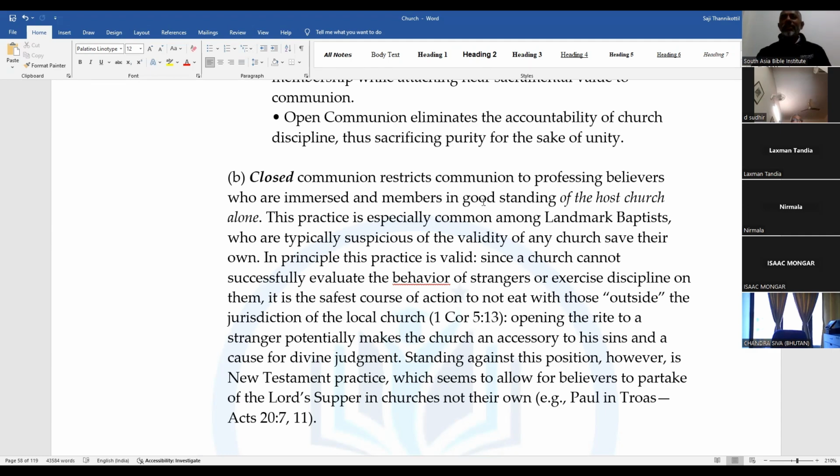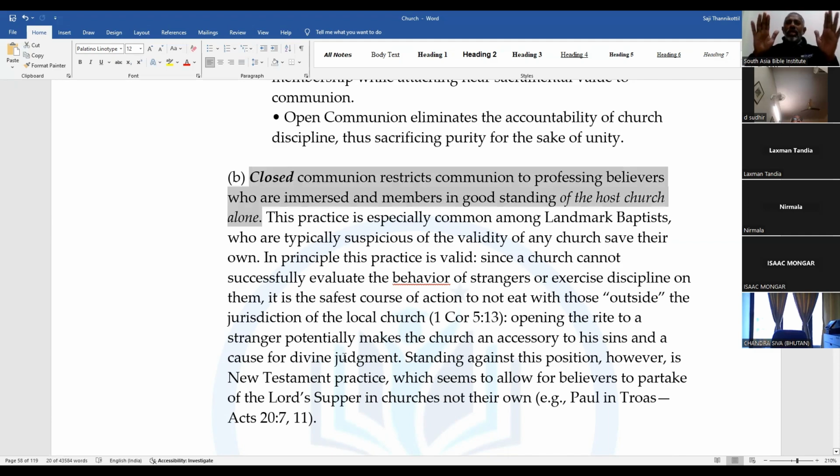Now, let us consider the second view. What is the second view? The second view is closed communion. Closed communion restricts communion to professing believers who are immersed and members in good standing of the host church alone.